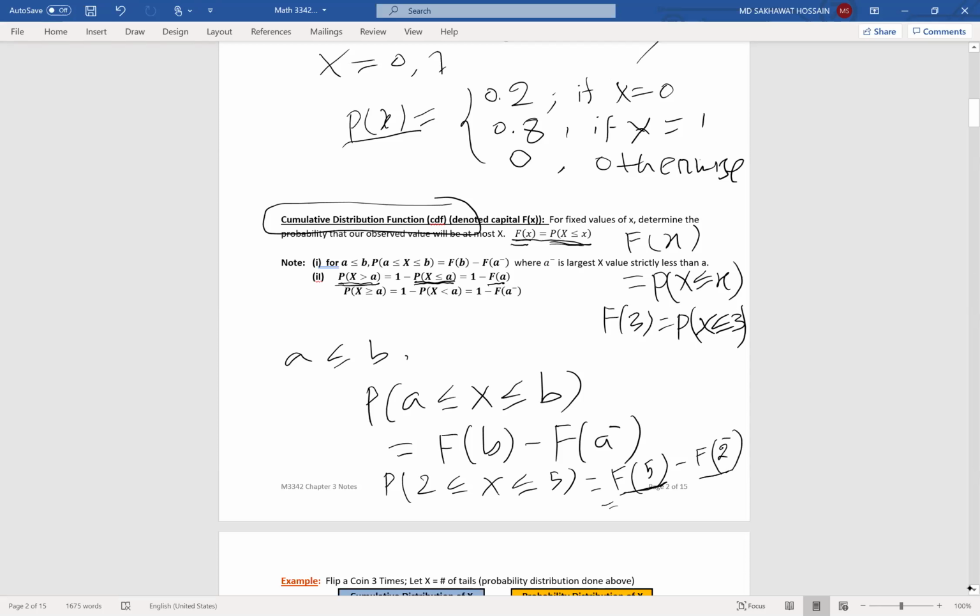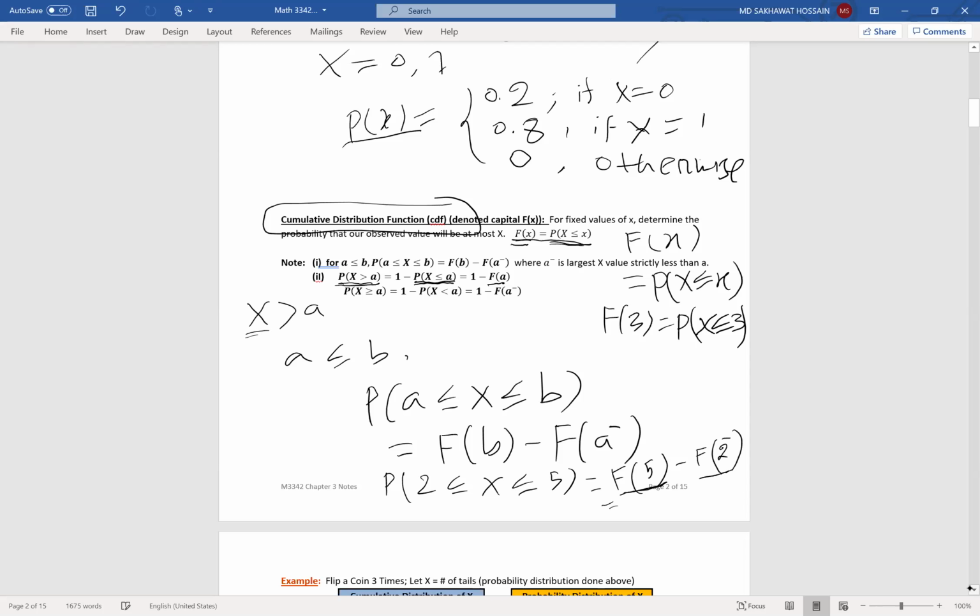So when you have this greater-than type of probability, first you rewrite it as a complement. What is the complement here? We are looking for the probability of X greater than a, and this is the complement of the probability of X less than or equal to a.